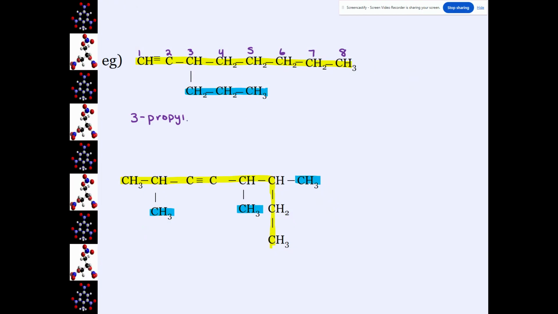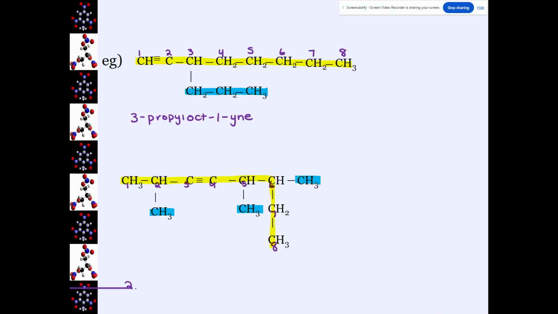And I have 8 carbons, so that's oct. The triple bond is on carbon 1, and it has to end in -yne. So 3-propyloct-1-yne. The next one, I need to number it this direction again, so my triple bond gets the lowest number. I have methyl branches on 2, 5, and 6.